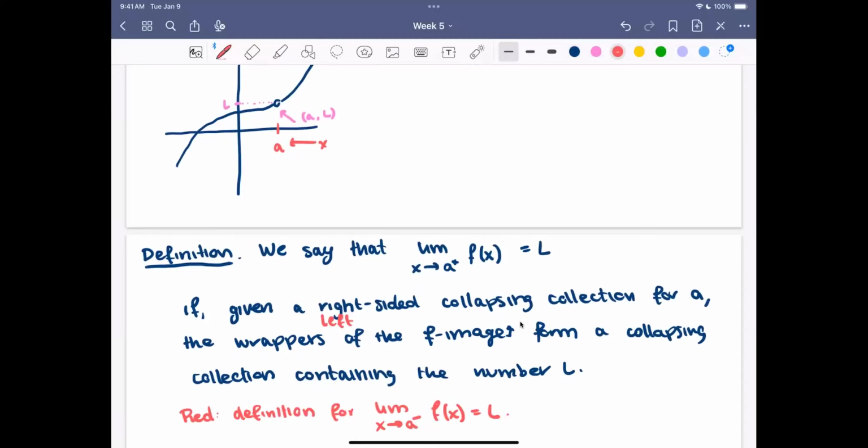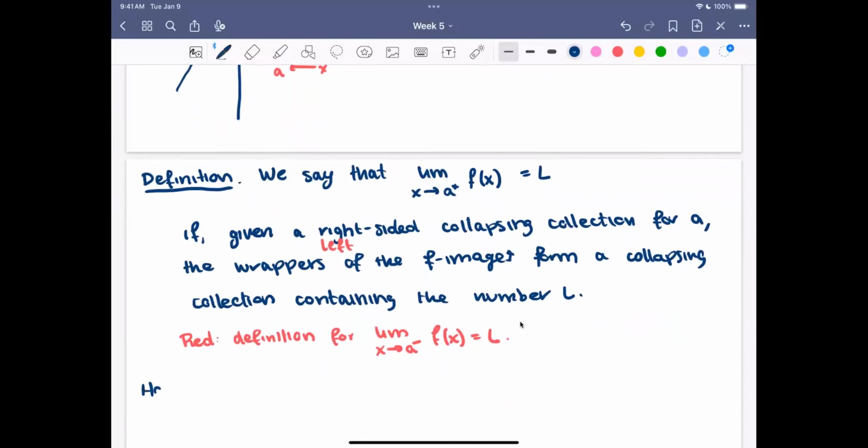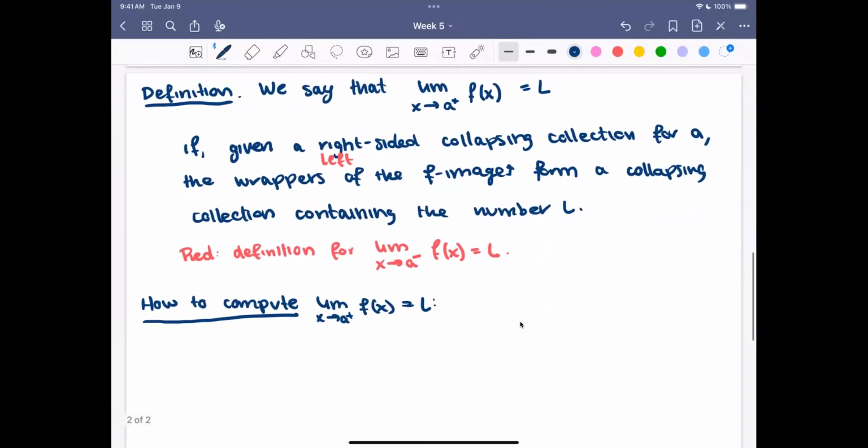Okay, before that, I'll give you the steps of how we would go about computing a right-sided limit. So here's how to compute it. These are just going to be steps similar to the steps that we had for showing that a function was continuous.